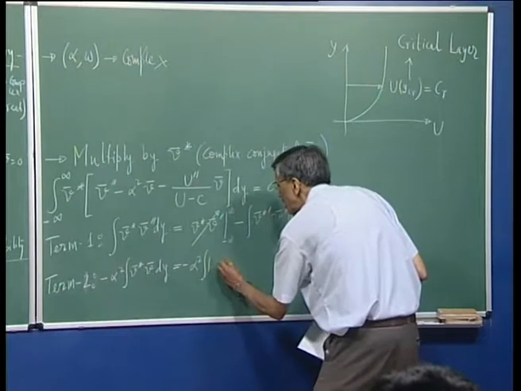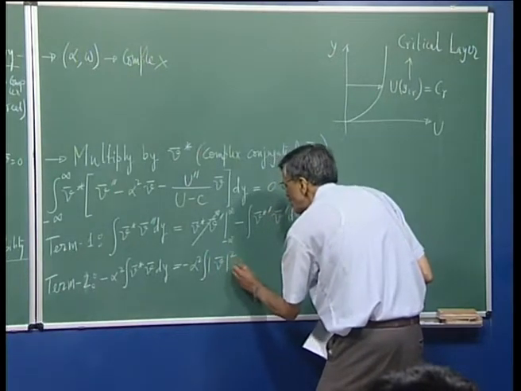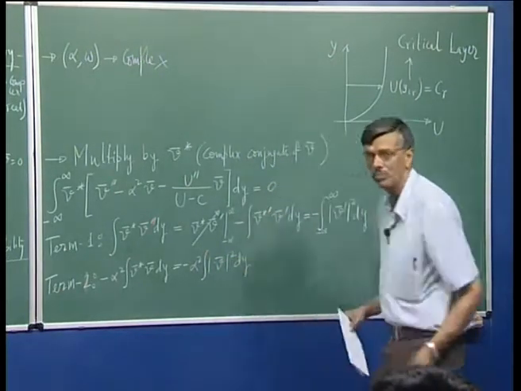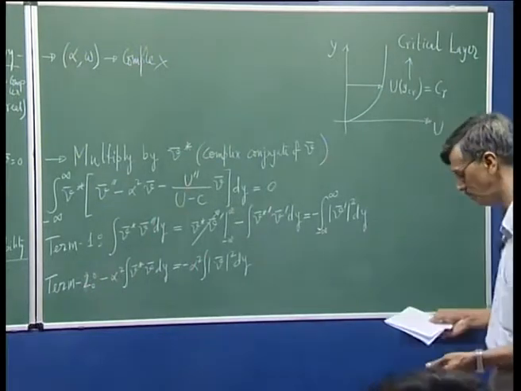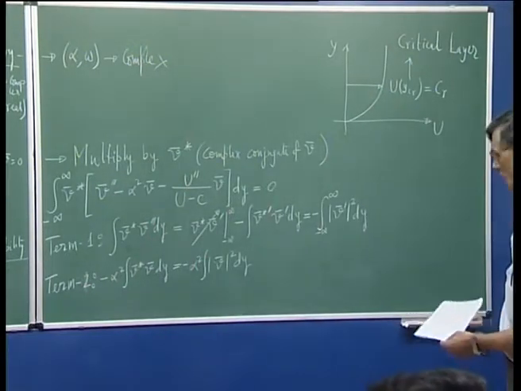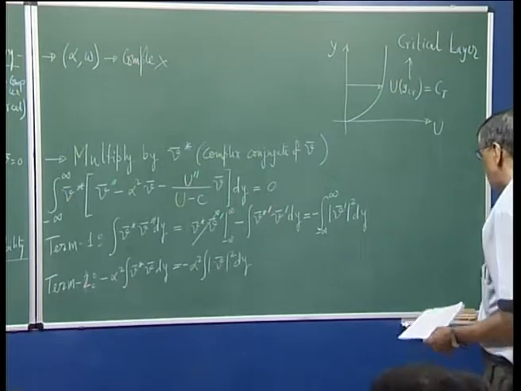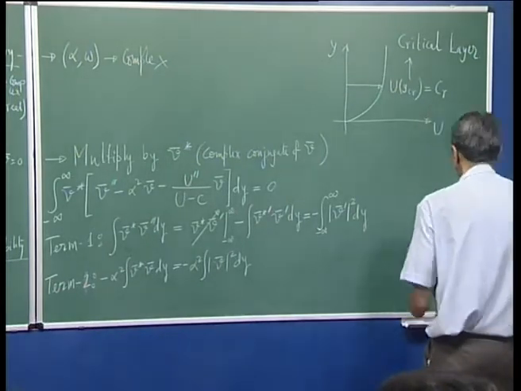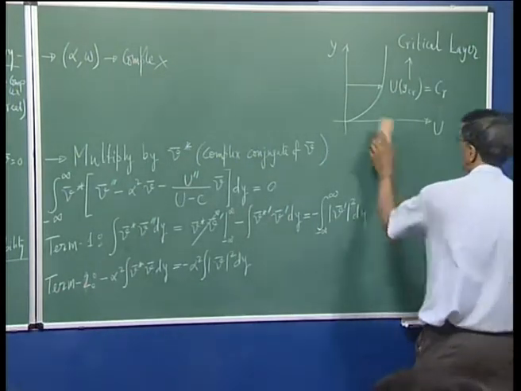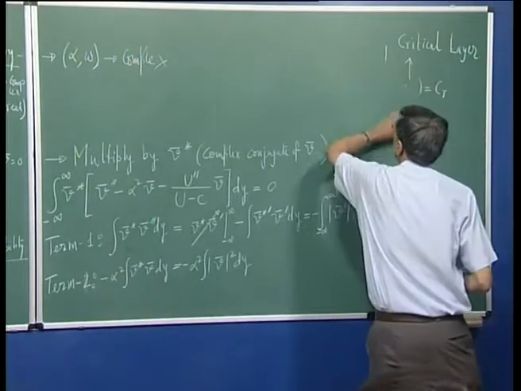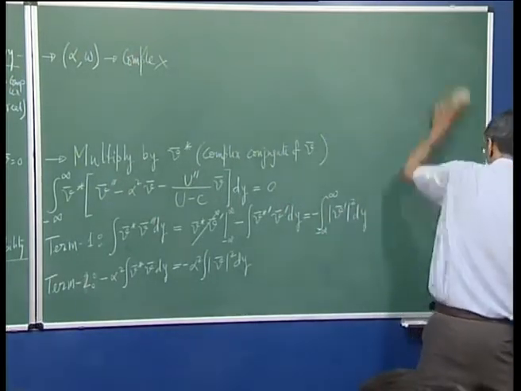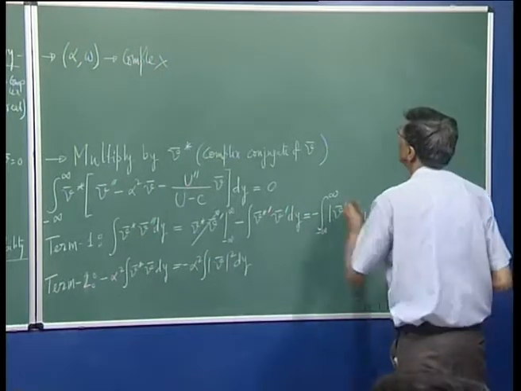So, this will give me mod v bar square dy. That is also a negative sign. So, what is it that we are left with now? We need to really worry about the third term.